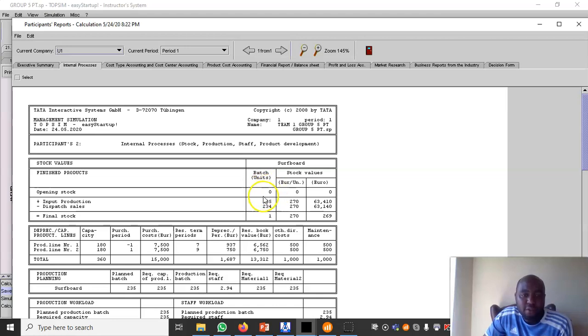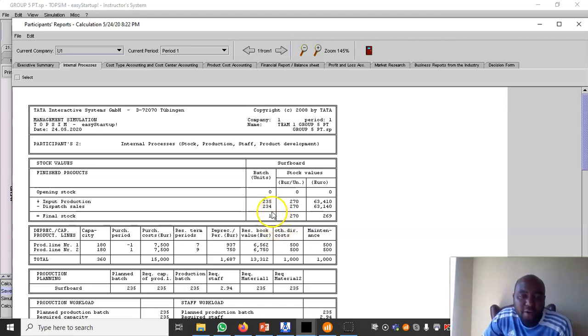So you opened your shop with 0 stock, then you produced 235, sent these units to the shop, and you have one unit left. Which means you produced 235, 234 were sold in period one. There's still one left in the shop to be sold together with the new units that you are going to produce in period two.